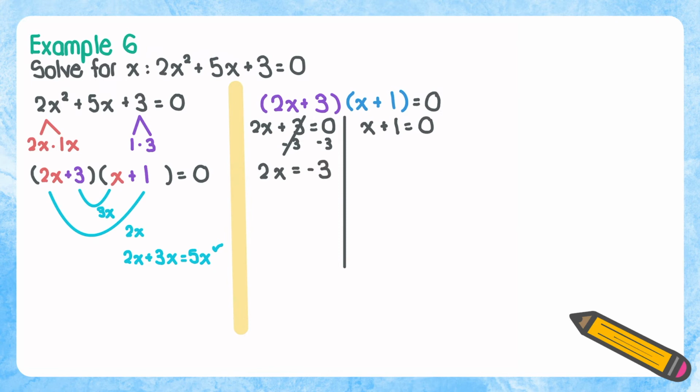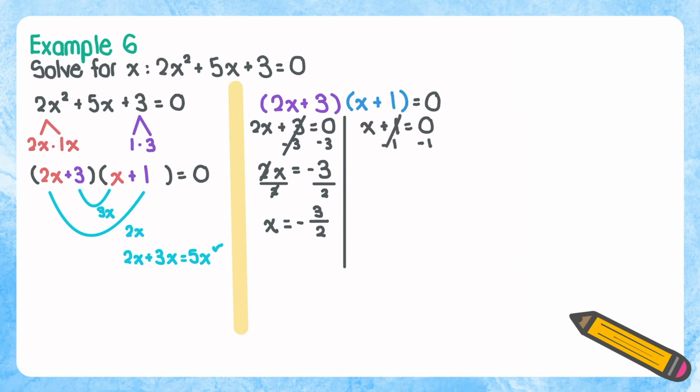To get rid of that 2, I'm going to divide both sides by 2. Remember to divide both sides, not just one side. And I'm left with x equals negative 3 over 2. For the right option, x plus 1 equals 0, I'm going to subtract 1 from both sides.